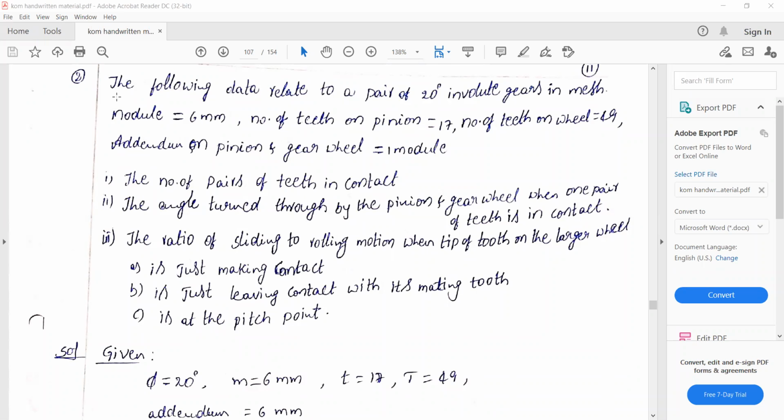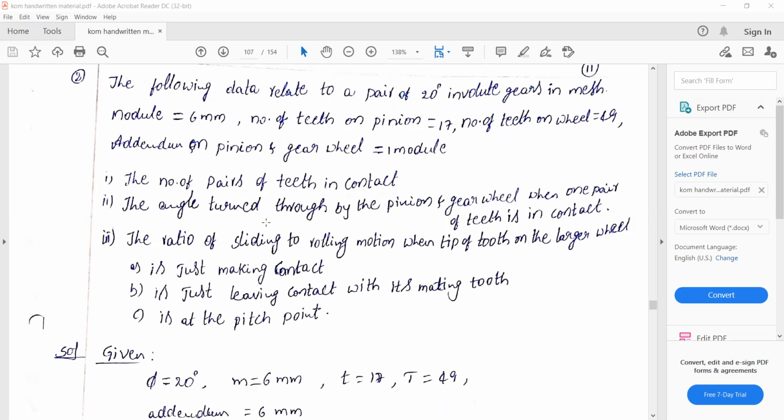Determine, first, the number of pairs of teeth in contact, and second, the angle turned through by the pinion and the gear wheel when one pair of teeth is in contact.